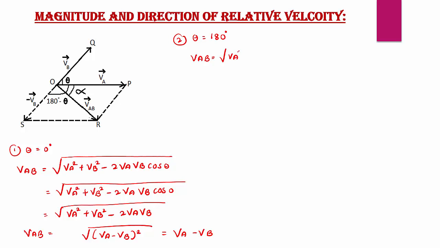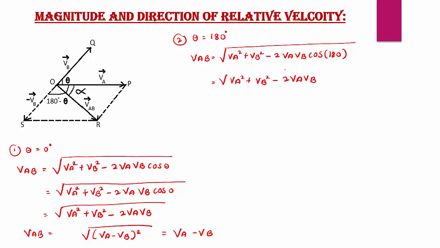VAB equals square root of VA square plus VB square minus 2 VA VB cos of, in place of theta I can write 180. Now substitute the value. VA square plus VB square minus 2 VA VB cos 180. Cos 180 is equal to minus 1. You already studied in mathematics, you can remember cos 180 is minus 1.